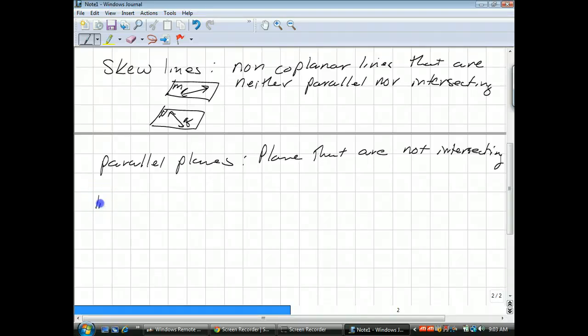And then we have the idea of a line parallel to a plane.